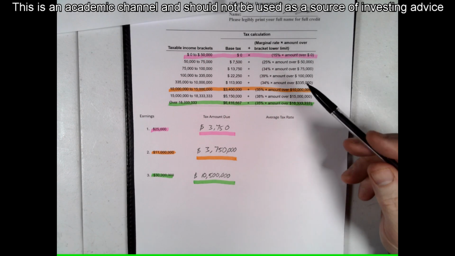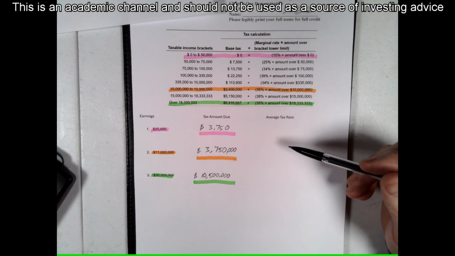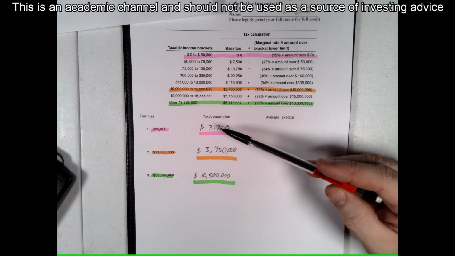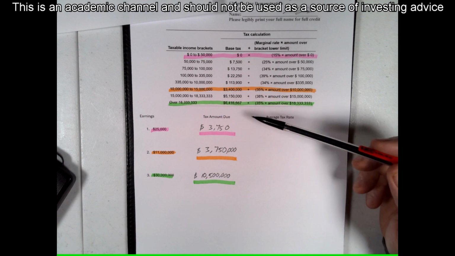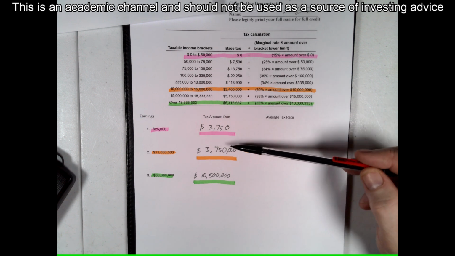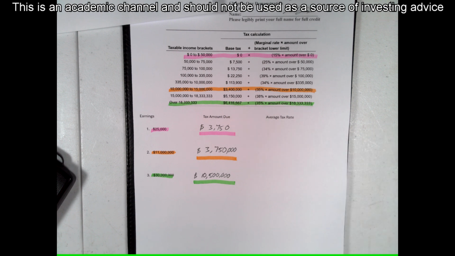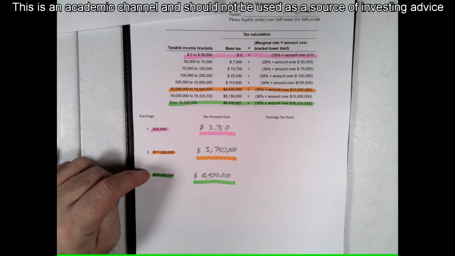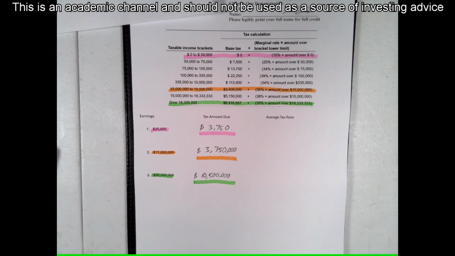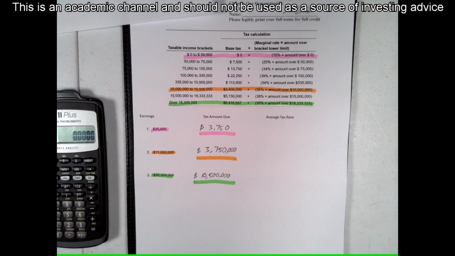I took the time to clean up my answers a little bit here. But if you remember, the tax amount due for the $25,000 was $3,750. The taxes due for the $11 million in earnings was $3,750,000, and the tax liability for the $30 million was $10,500,000. To figure out the average tax rate is super easy.